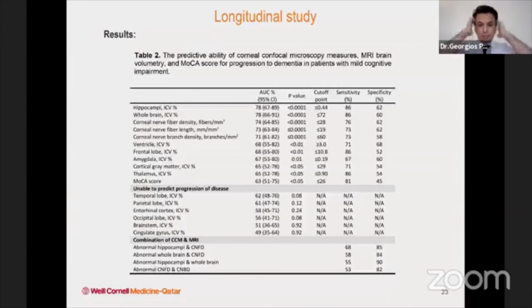So we performed ROC curve analysis to see what is the diagnostic accuracy and what is the sensitivity and specificity. This is the good thing about the ROC curve analysis. It gives you the cutoff point, like anything lower than or equal to that is abnormal, and what is the sensitivity and specificity in percentage for that particular biomarker. And you also have the area under the curve.